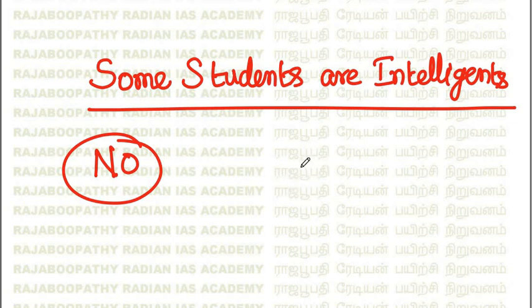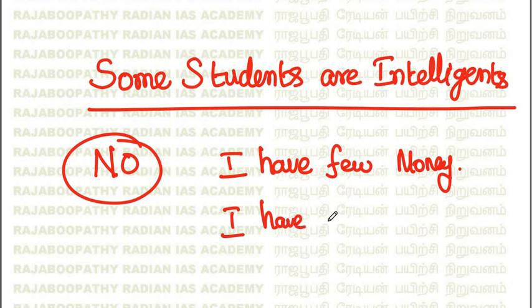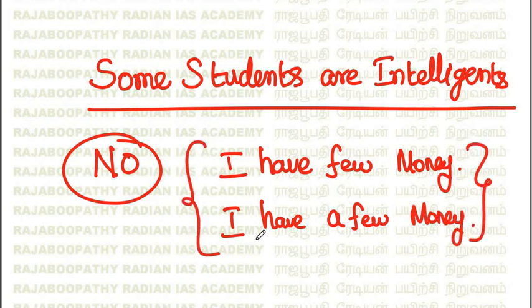What is the difference between these two sentences? Tell me. I have few money. I have a few money. Can anyone tell me what is the difference between these two sentences?